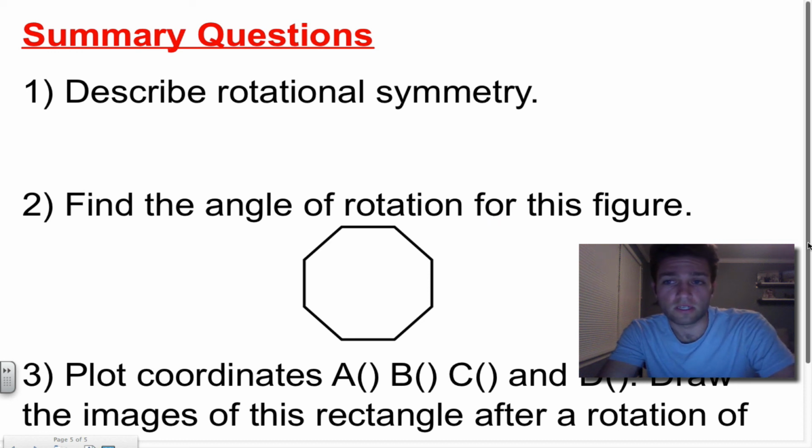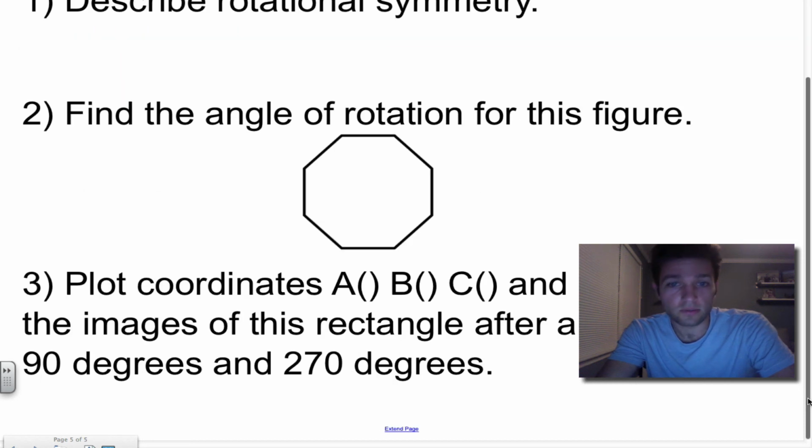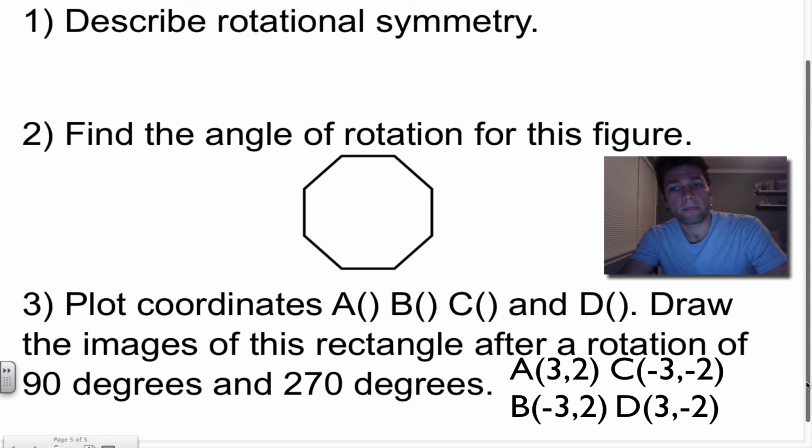There's question 1 and question 2, and here is question 3. You can probably all have them on the same screen. Do the last one obviously on graph paper, and you're going to be rotating a rectangle instead of a triangle, but it's the same exact steps. So if you need to see the video again, rewind, watch what you need to, and I will see you in class. Do your best, and that's rotations.